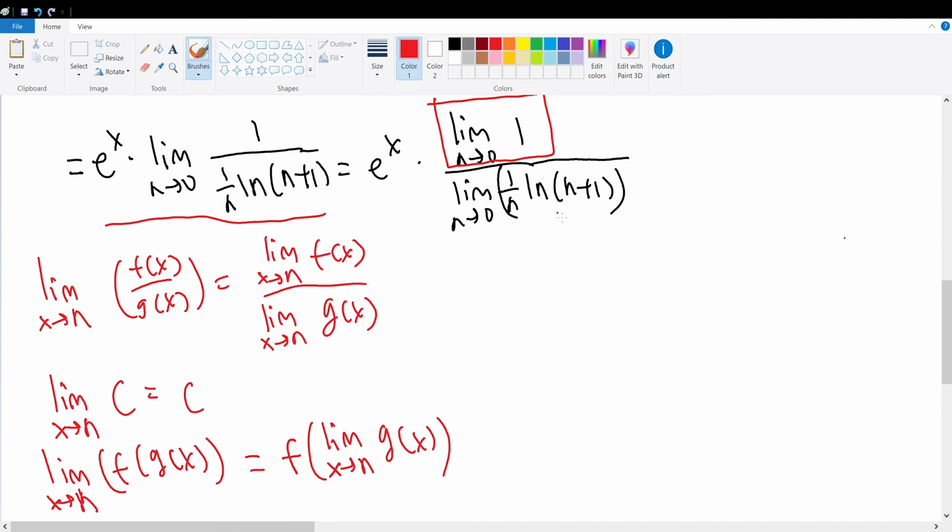So with this limit property, we can further evaluate this limit to be equal to e to the x times 1 over n times the limit of the natural log of n plus 1.